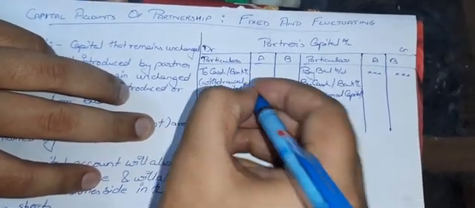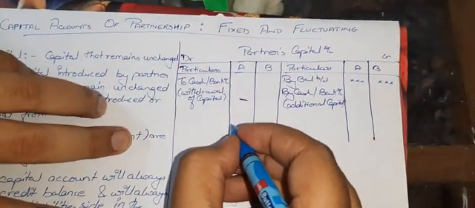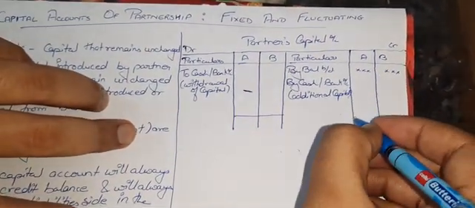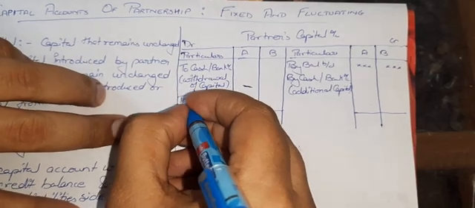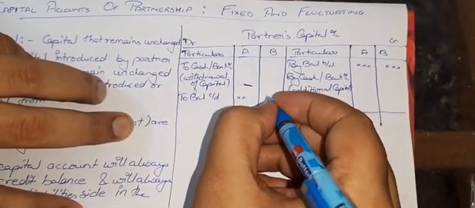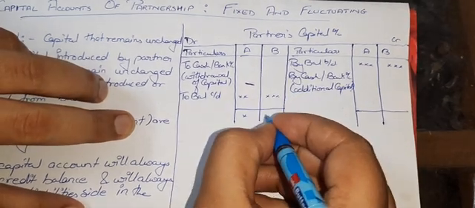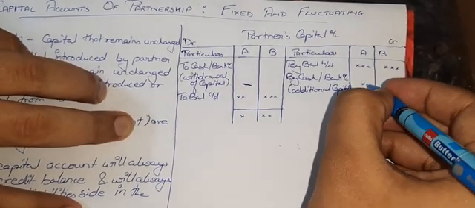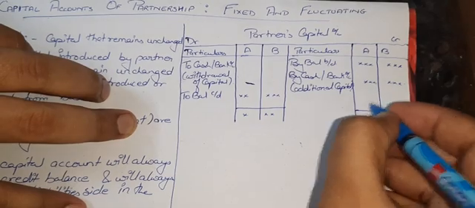To balance it up, when the debit side is lesser than the credit side, it is balanced by balance carried down, written on the debit side. This is how the partner's capital account is maintained.